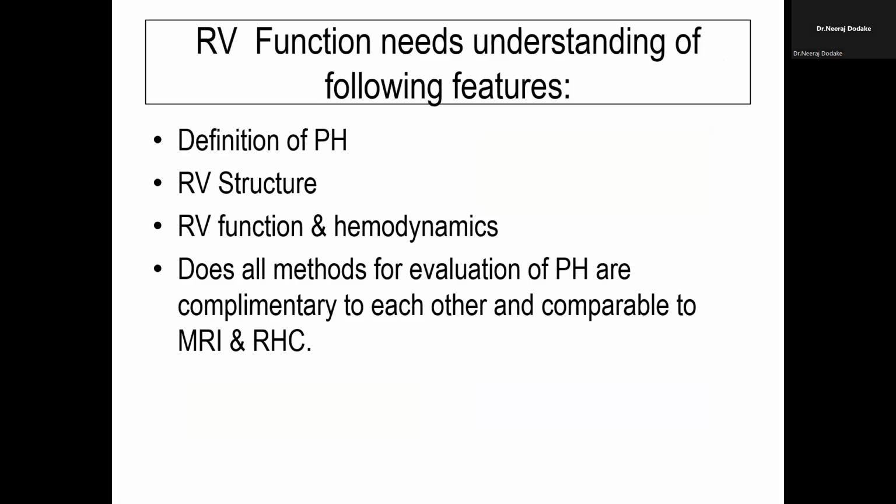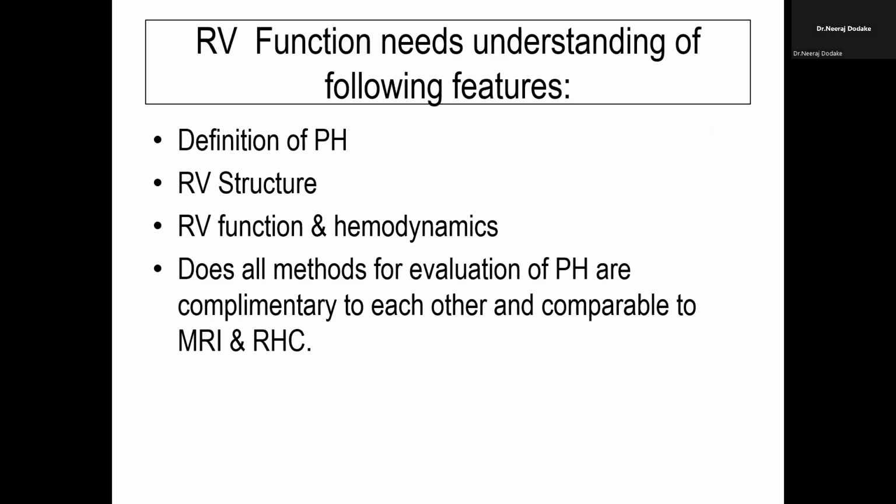What we need to understand in this subset of population are the following features. What is the definition of pulmonary hypertension? What are the RV structures and their hemodynamics? Are all methods of evaluation of PH complementary to each other or comparable to MRI and right heart catheterization?